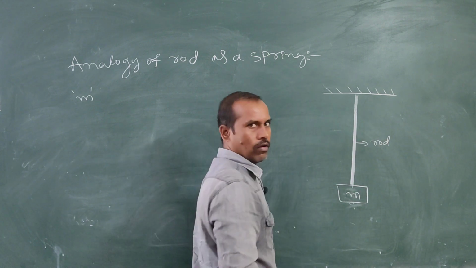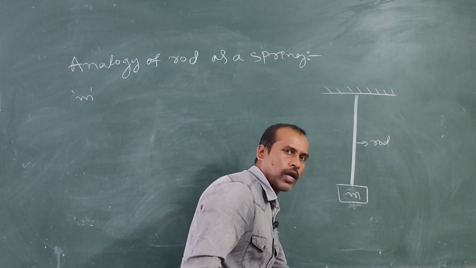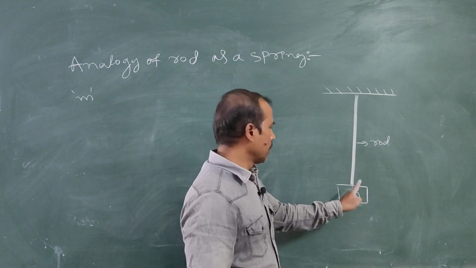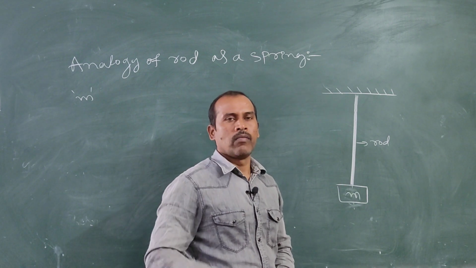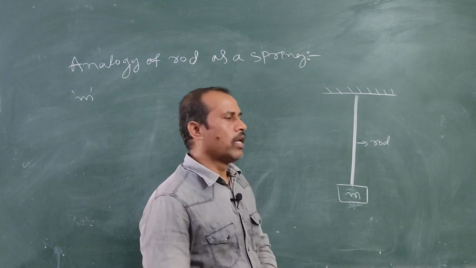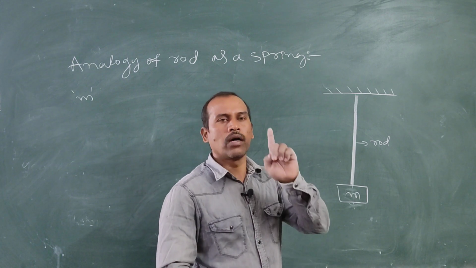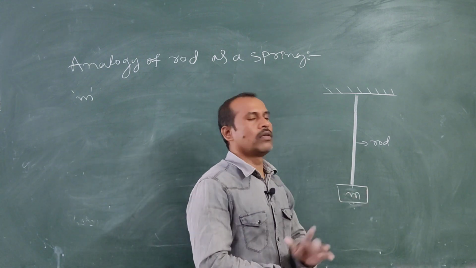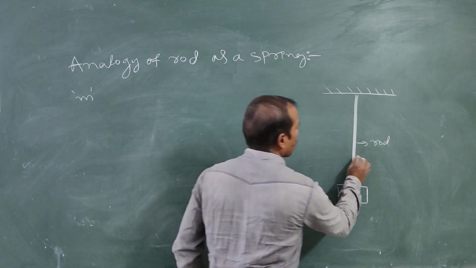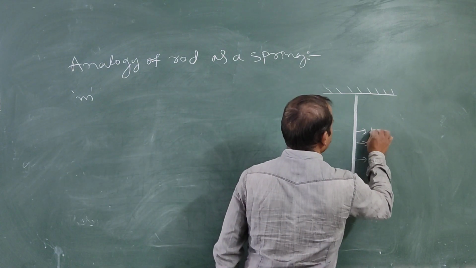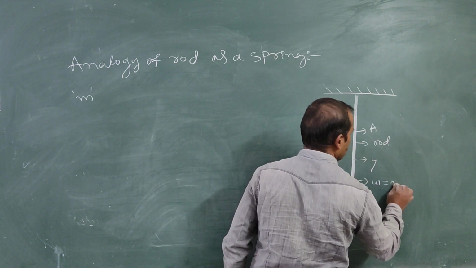This mass is slightly stretched and released, then it oscillates vertically up and down about its mean position. So find the time period of this mass. The Young's modulus of the wire is Y, the area of cross section is A, and the weight is mg.